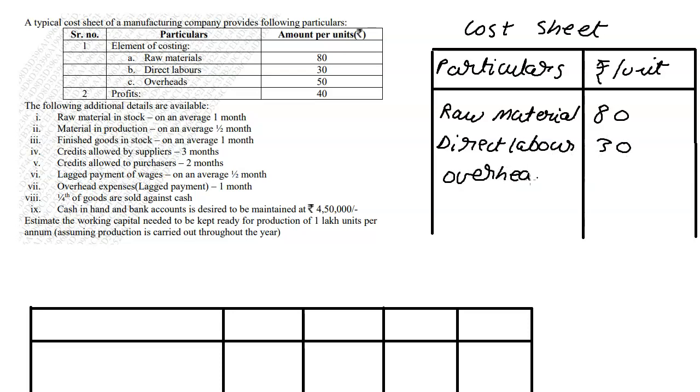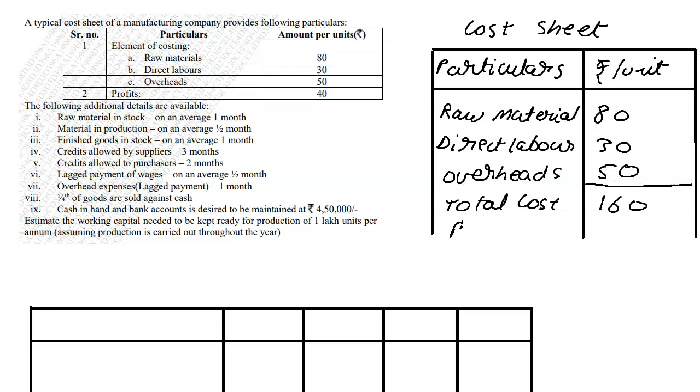Keep in mind this is a working note, so even if you use short forms, it's alright. Just don't do that in the main answer. Okay, we have total cost by adding all of these up, and you are going to end up with 160.